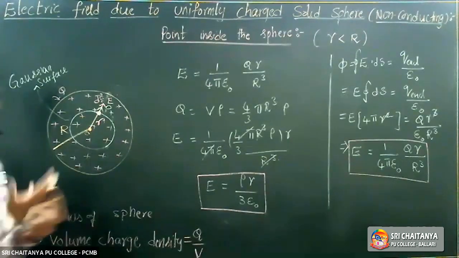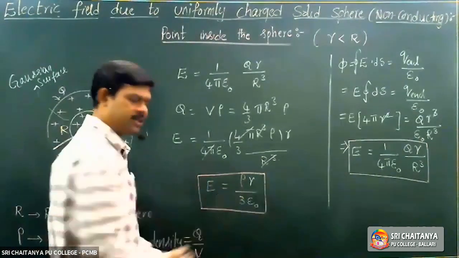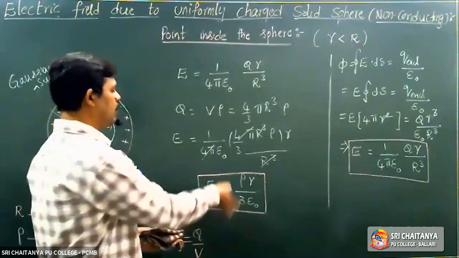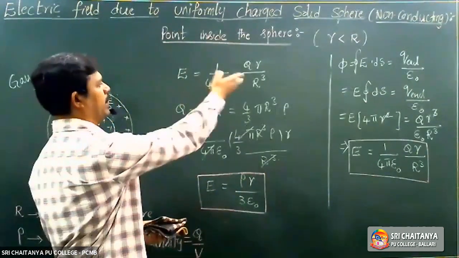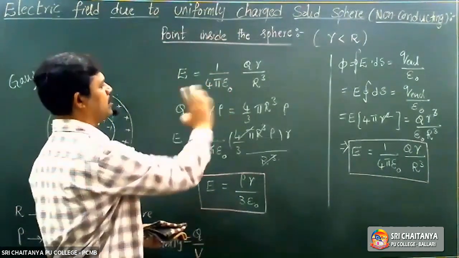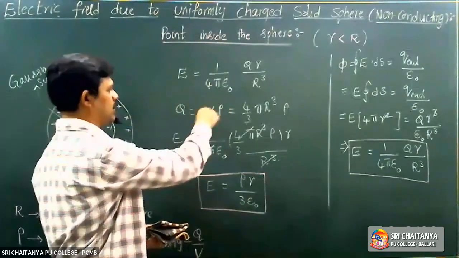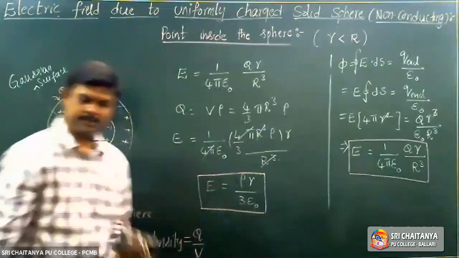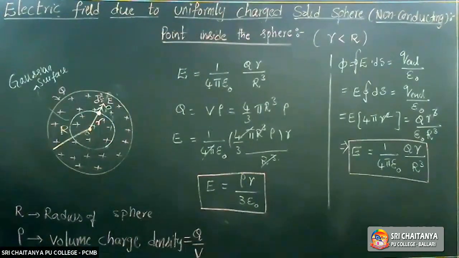Sometimes we cannot remember these formulas, but you remember the procedure. How to find it in terms of rho? Take the formula, find the charge enclosed, or the total charge, in terms of rho, and substitute it.